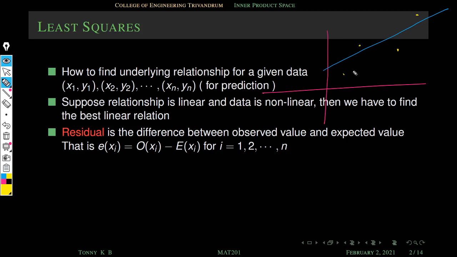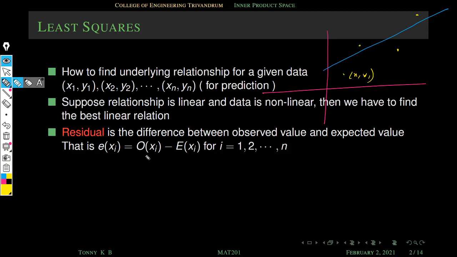Actually, this point is x1, y1. Like that, and this is x and y. We define the error. What is the error in this approximation? Error is defined as residual, and residual is the difference between observed value and expected value.